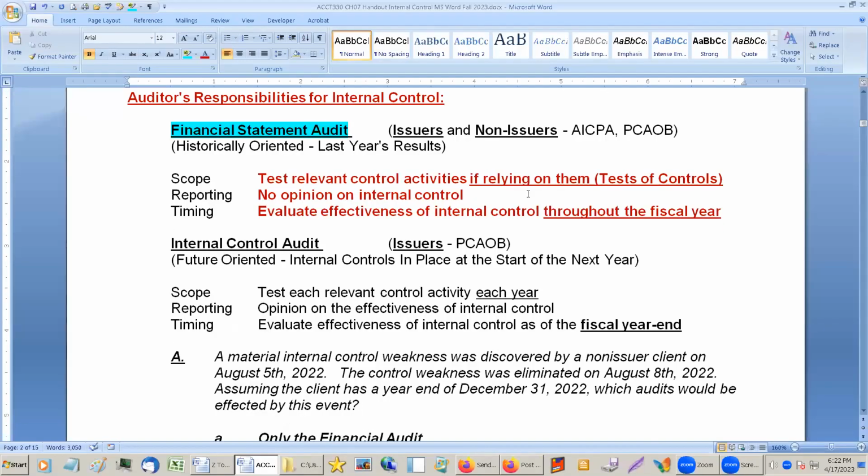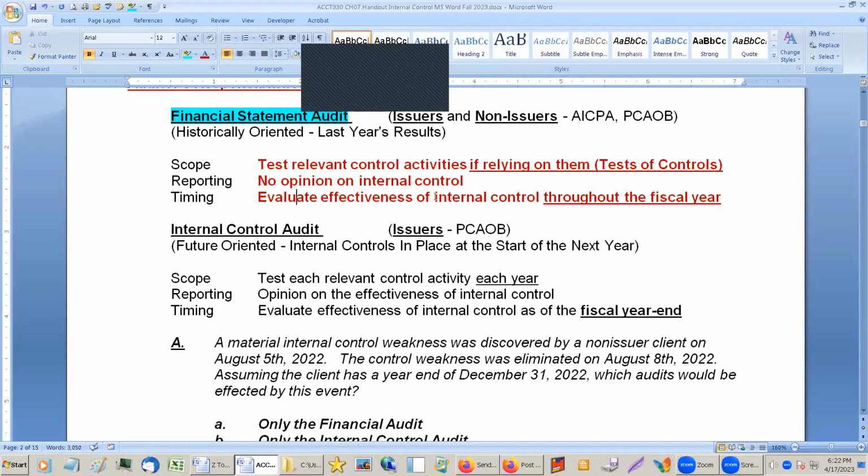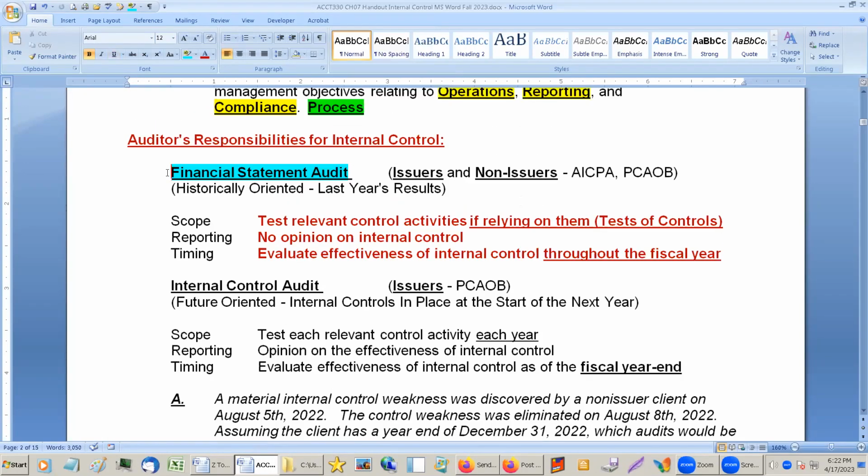Sometimes people are doing their job, even though they are doing more than they should as far as those incompatible duties. So internal control is a little bit tricky in that it doesn't necessarily mean that the financial statements are misstated. However, anytime it's happened throughout the year, it's a problem. Even if it's been corrected, it's still a problem because there's that period of time where the control was not working.